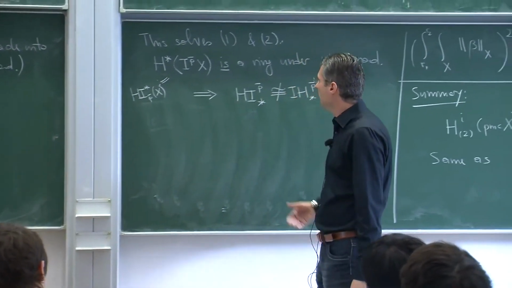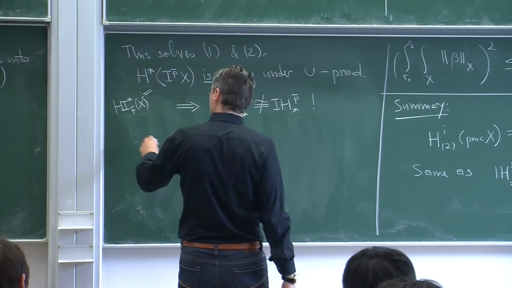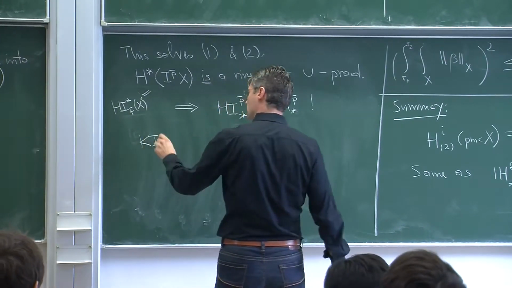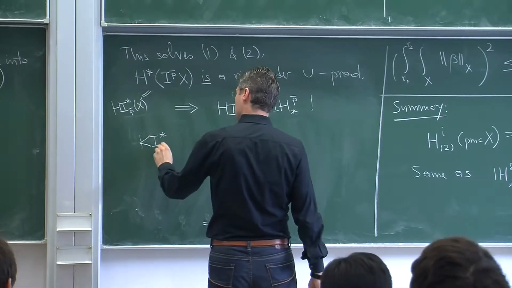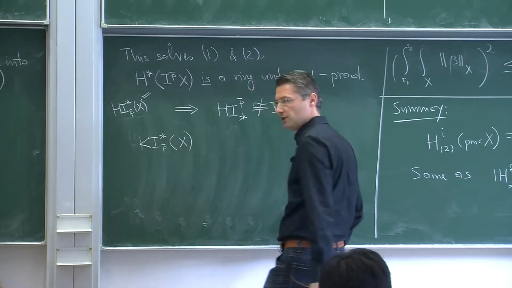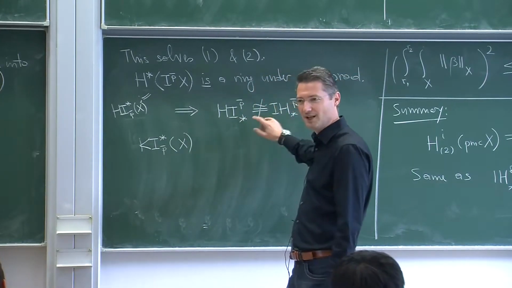Okay, but the second problem is also solved because you could simply set, for example, there is now a KI theory obtained simply as a kind of an intersection K theory, although the analogy is not perfect because, of course, HI is not isomorphic to IH.